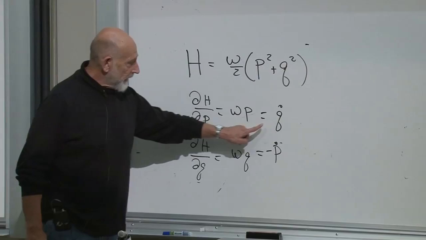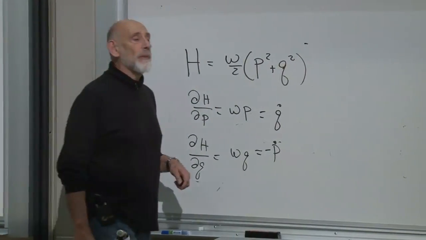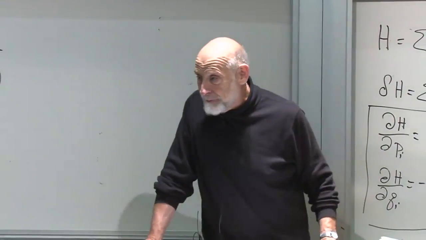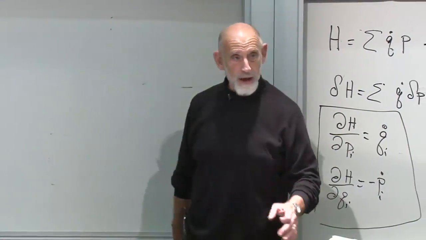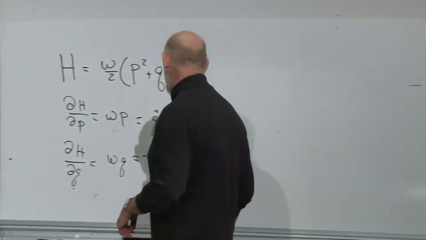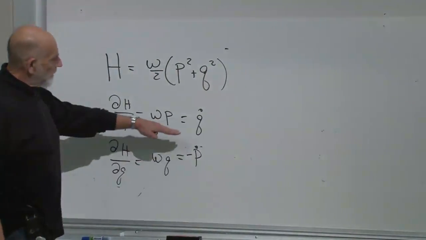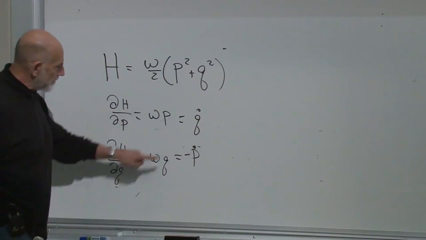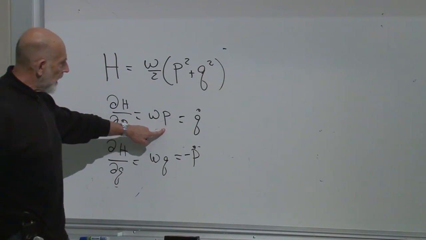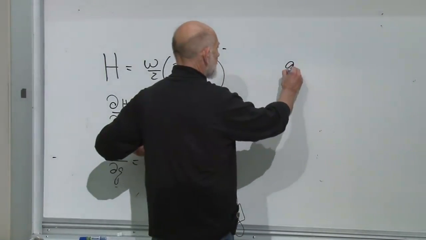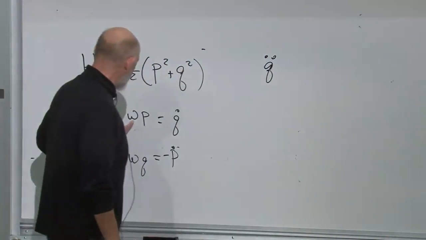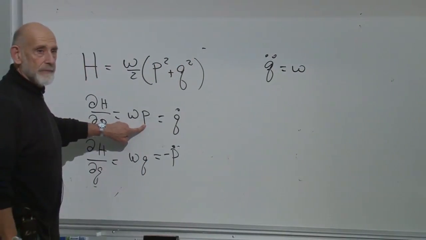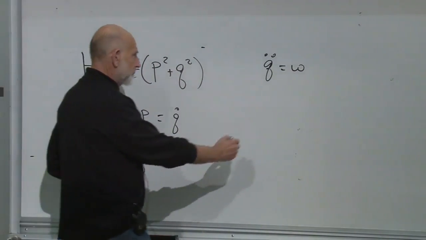Take this equation and take its time derivative. What am I getting at? The familiar equations are the second order equations, F equals ma, right? So let's get rid of p and see if we can find a second order equation for the coordinate q. To do that, we just differentiate the q equation once with respect to time. That gives us the acceleration, q double dot, equal to omega times p dot.